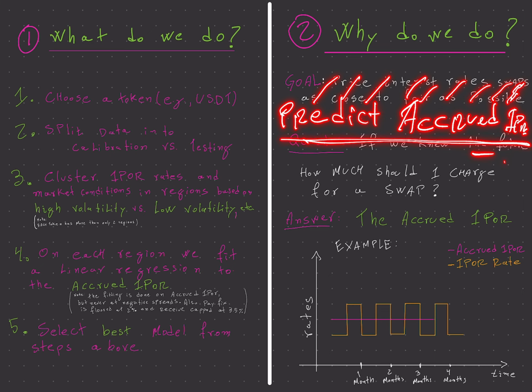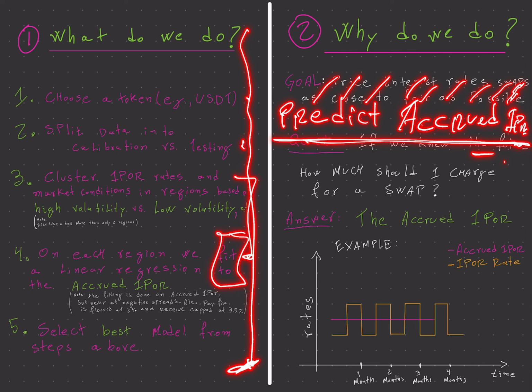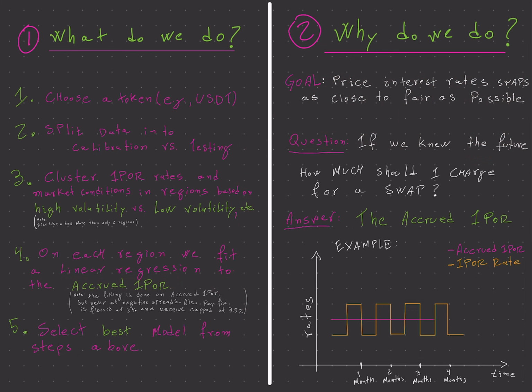And that's why we do what we do in the first part. The reason we do this splitting, the modeling using clustering, and some prediction using a linear regression, is because we are actually trying to predict the accrued IPOR.